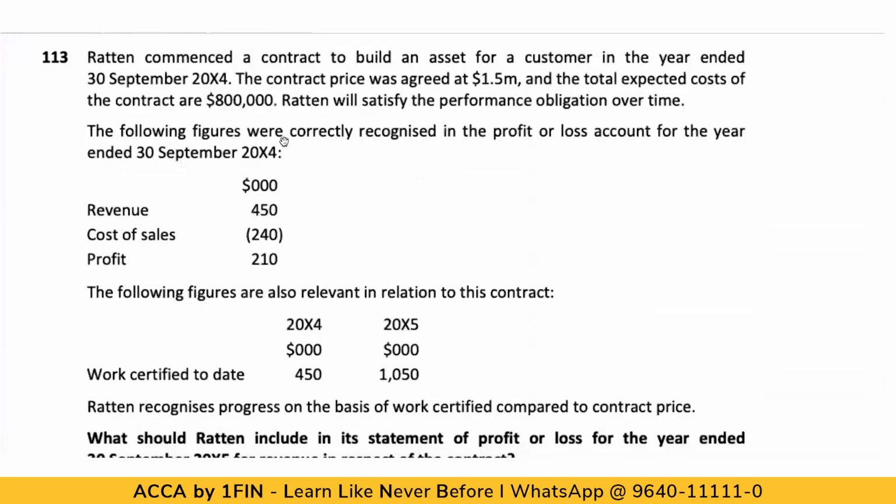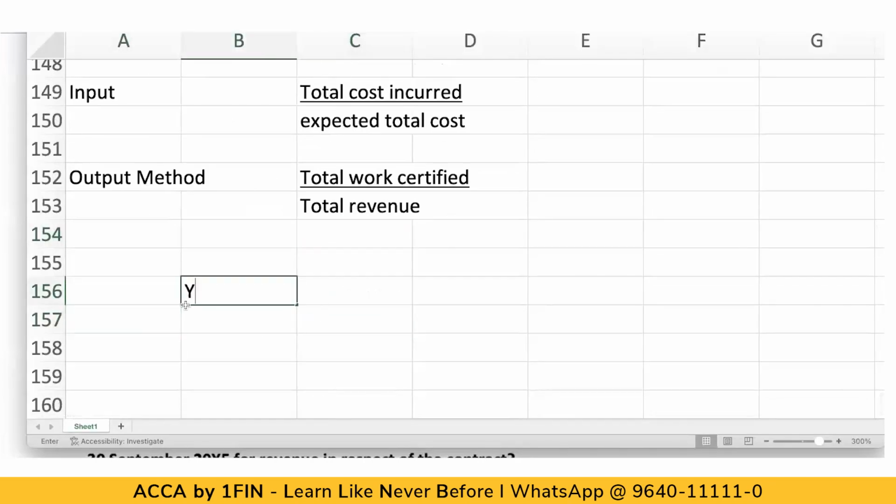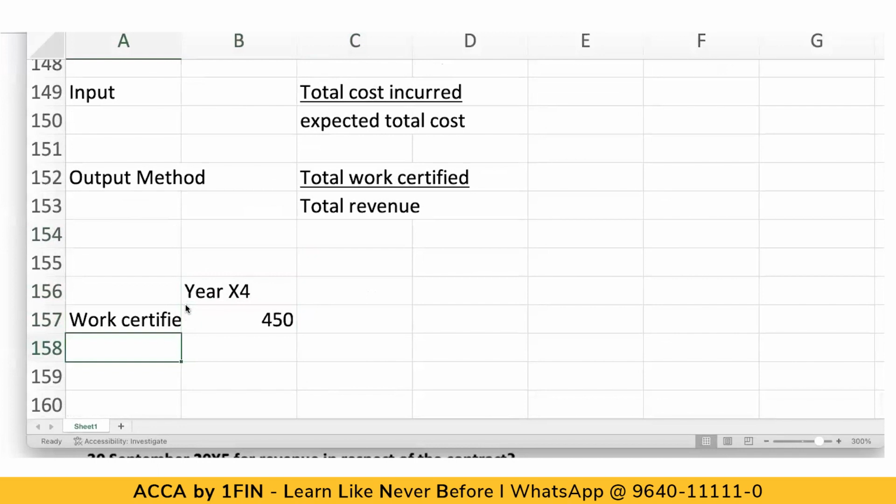Now here they are saying that they will recognize revenue based on what? They will recognize revenue based on work certified. So in first year, work certified is 450. Year 4, work certified 450. Total price 1500.